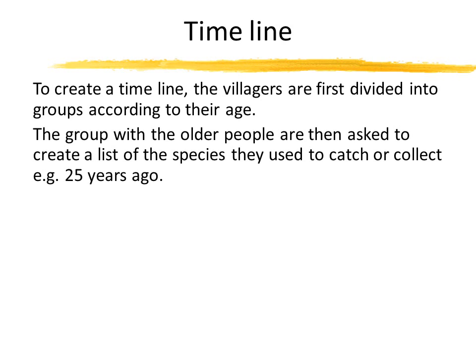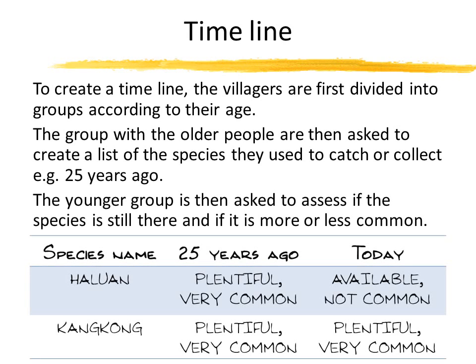Sometimes it is easier to use a landmark date, such as Panahon ni Marcos here in the Philippines. The younger ones then are asked to assess if those species are still around today and if they are more or less common now. This involves a lot of discussion, and you need to be a good moderator to manage such a discussion well.